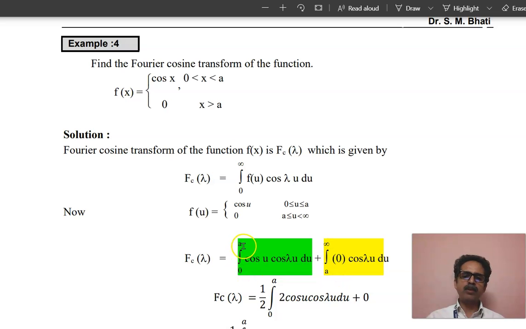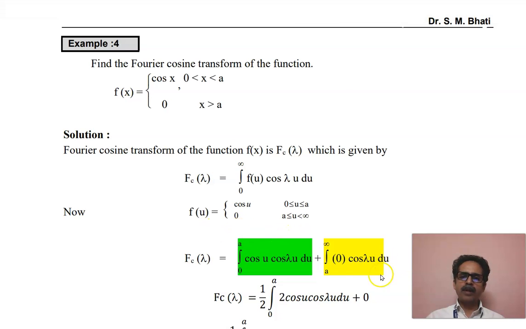In the interval 0 to a, f of u has the value cos u, so here we will take this f of u as cos u, while in the second term, when the limits are a to infinity, the value is 0, so here we have to consider. You can see that the second term directly becomes 0. In the first term we have multiplied by 2 and divided by 2 because we want to make this integration simple.